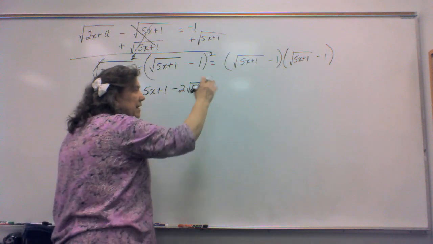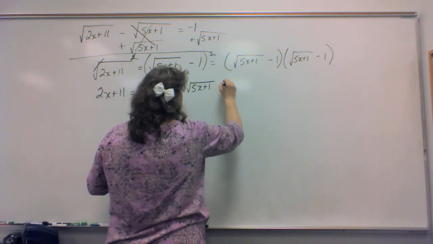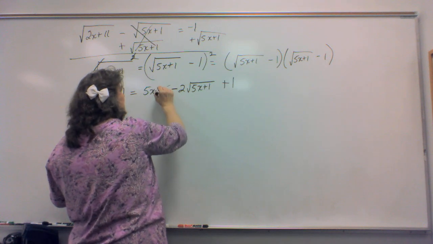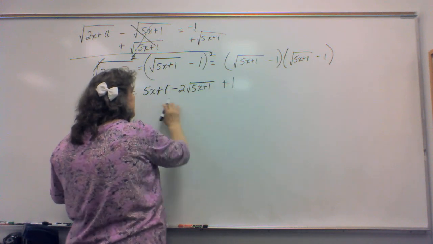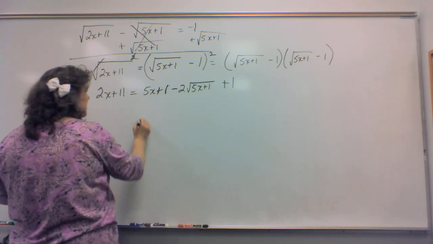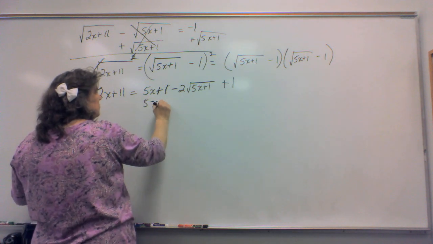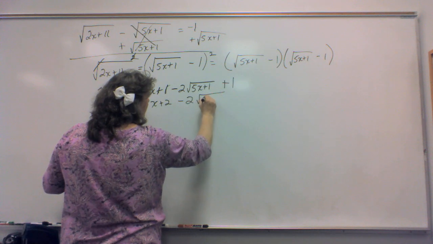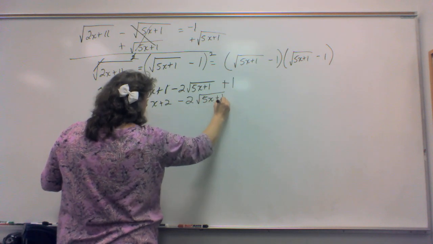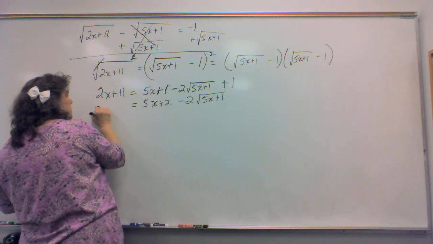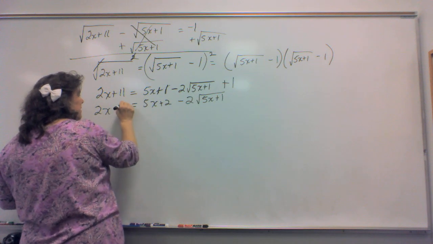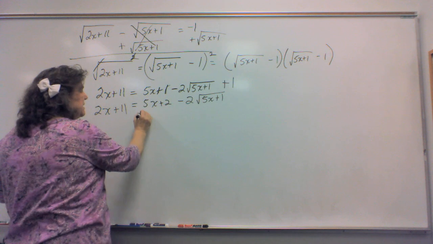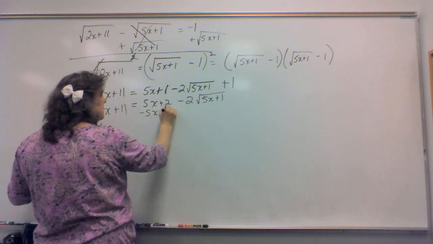And then -1 times -1 is plus 1. Notice, plus 1 is going to give us a plus 2. So we have 5x plus 2 minus 2 times the square root of 5x plus 1 is equal to 2x plus 11. Now, we can get rid of this by subtracting it from both sides.